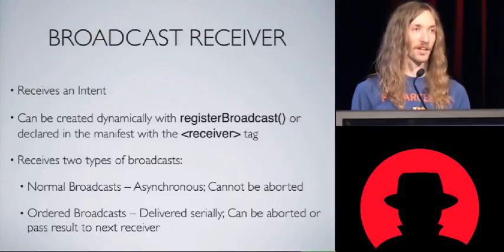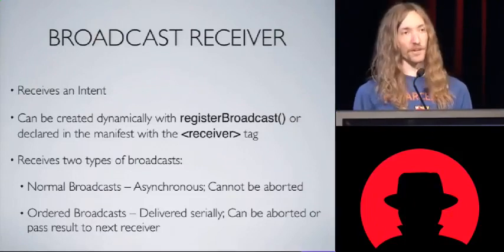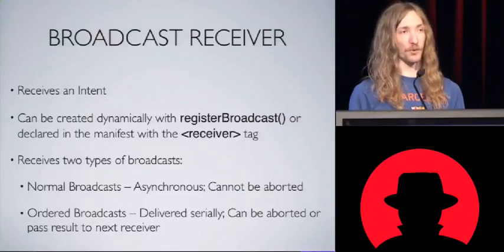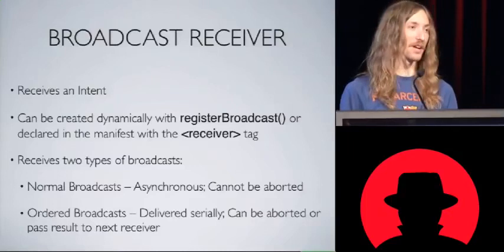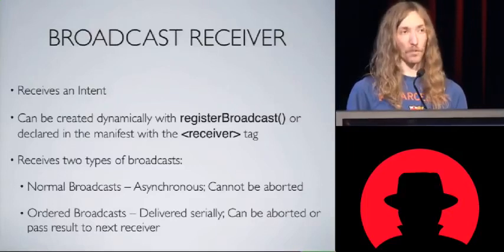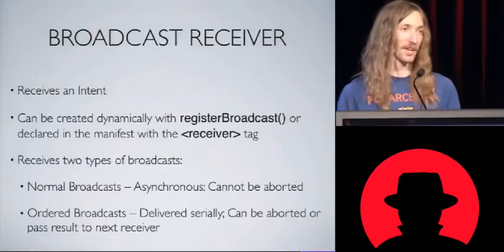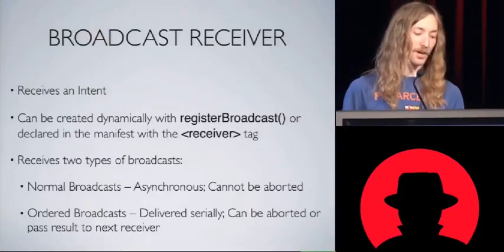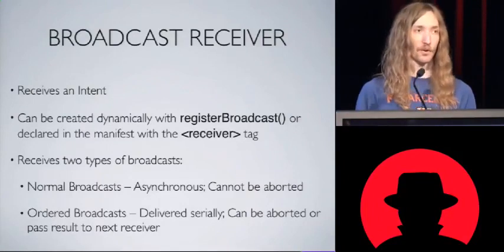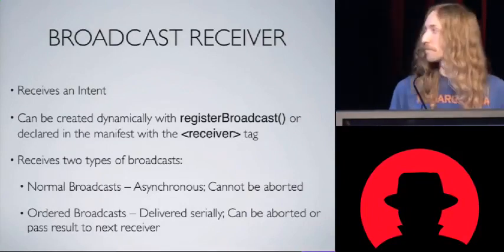So as it goes down the line, a receiver will receive the result from the previous receiver and do any kind of processing they want on that. They have the option to abort that broadcast, and from that point it won't go any further down the line to any of the other receivers. And also we can pass our own result to the next receiver down the line.